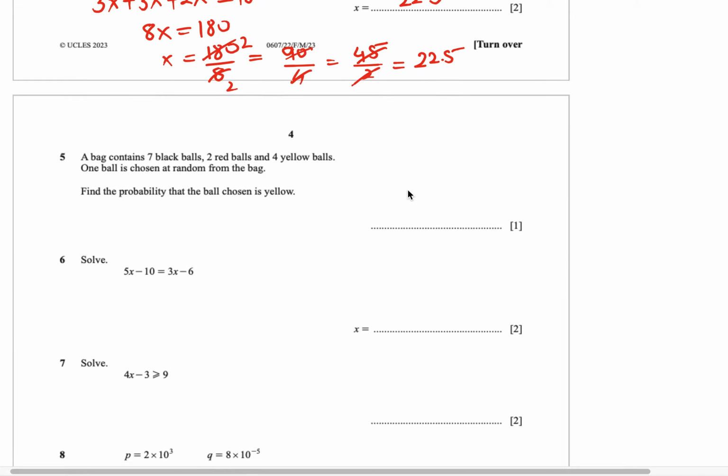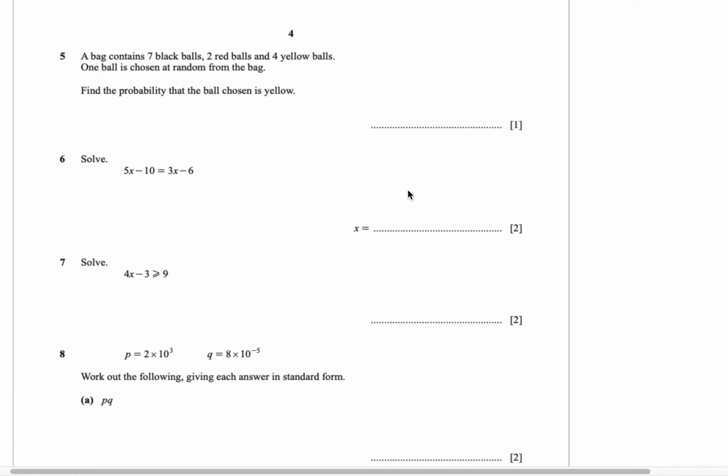Now let us move on to 5th, 6th and 7th. See, this is a probability question which is very easy. What they are saying: a bag contains 7 black balls, 2 red balls and 4 yellow balls. So let's make a bag. There are 7 black, 2 red and 4 yellow.